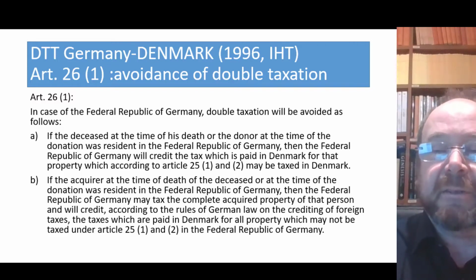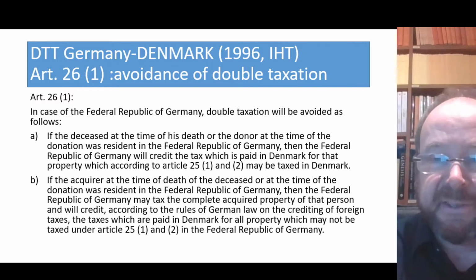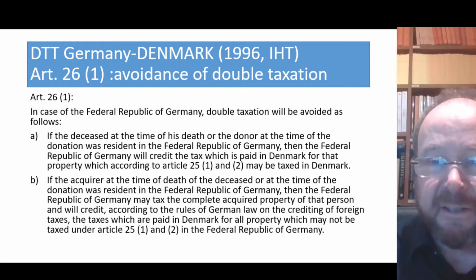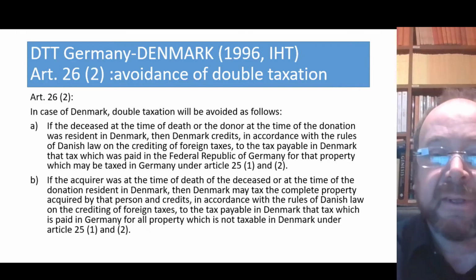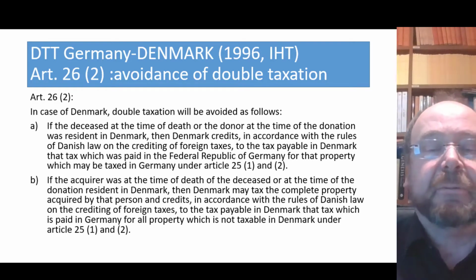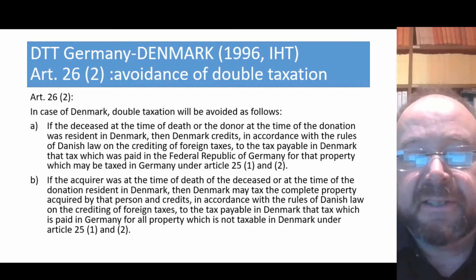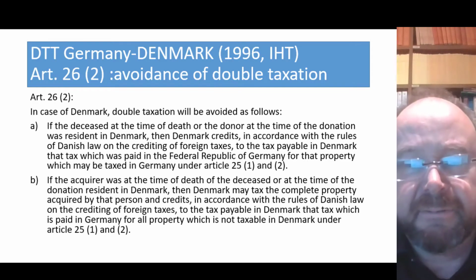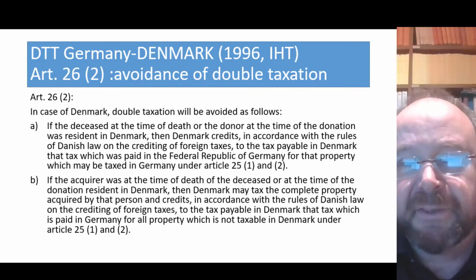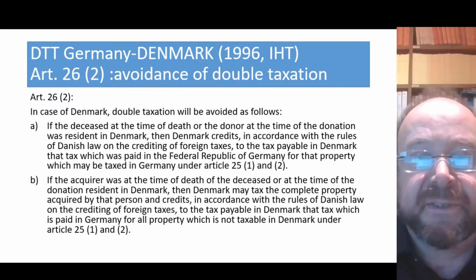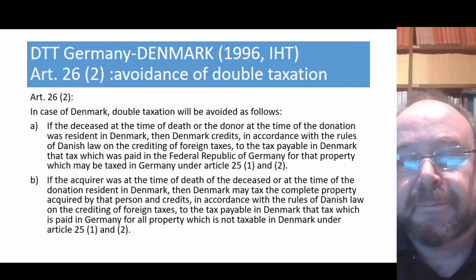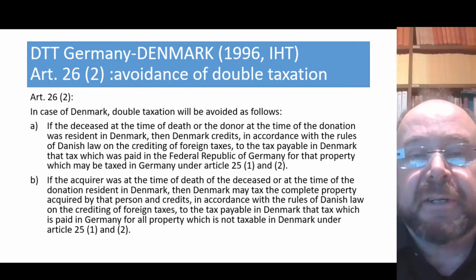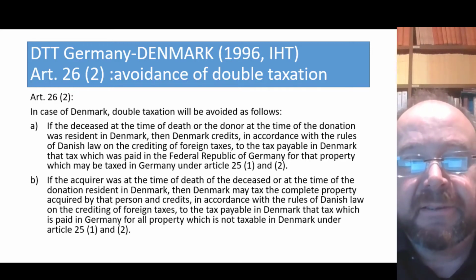Now, if the acquirer lives in Denmark, the same applies. But then you find it in the Denmark half of the Article 26. If the acquirer was at the time of death in Denmark, then Denmark credits every German tax, apart from the taxes where Denmark is the source state, because then Denmark has the first right to tax and doesn't need to credit German tax.